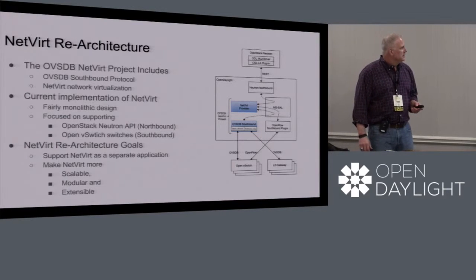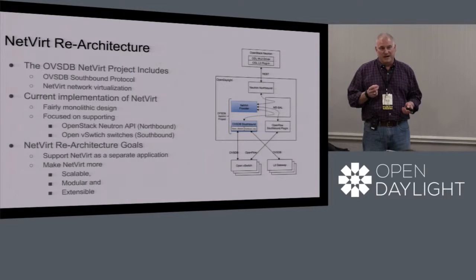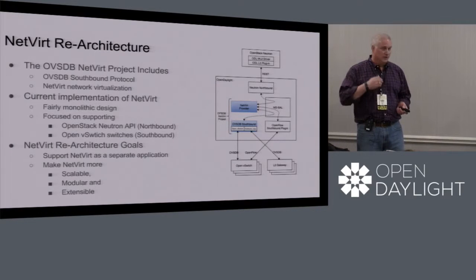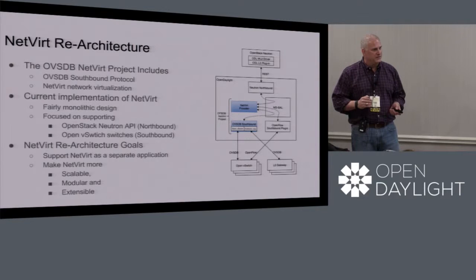Currently NetVirt is a fairly monolithic design. It's focused on supporting OpenStack, the Neutron API, on the northbound side, and OVS switches on the southbound side.